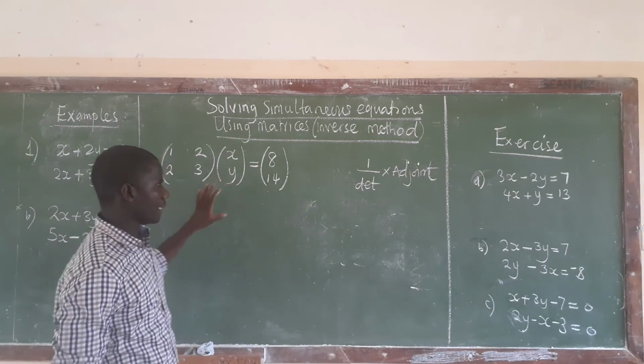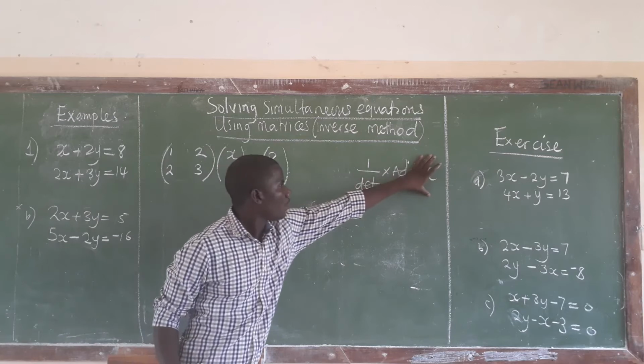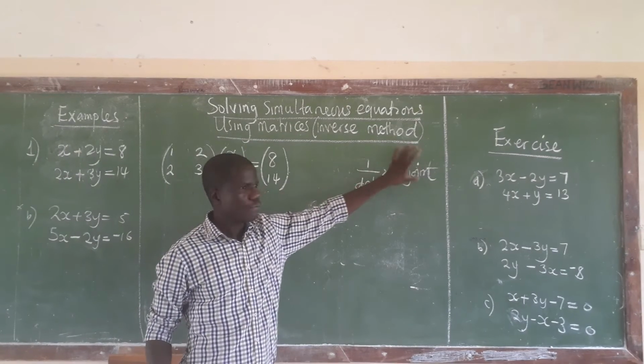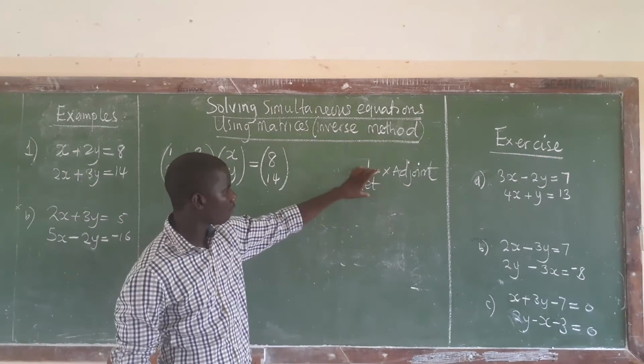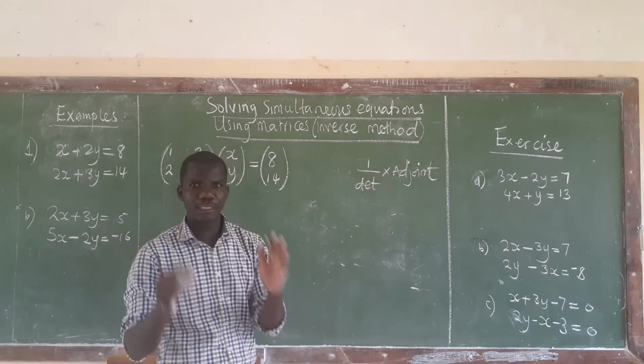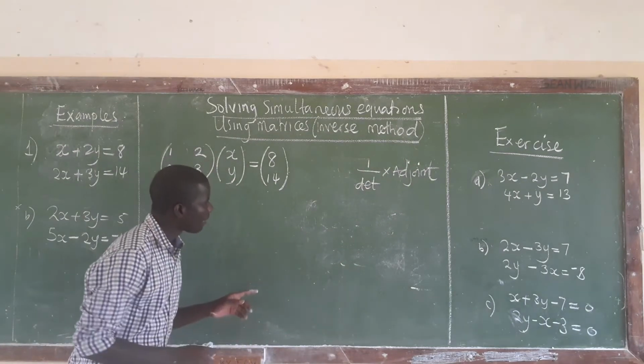The inverse of this matrix will be formed by this. So meaning we need to find the determinant and the adjoint to get the inverse. So what is the determinant?